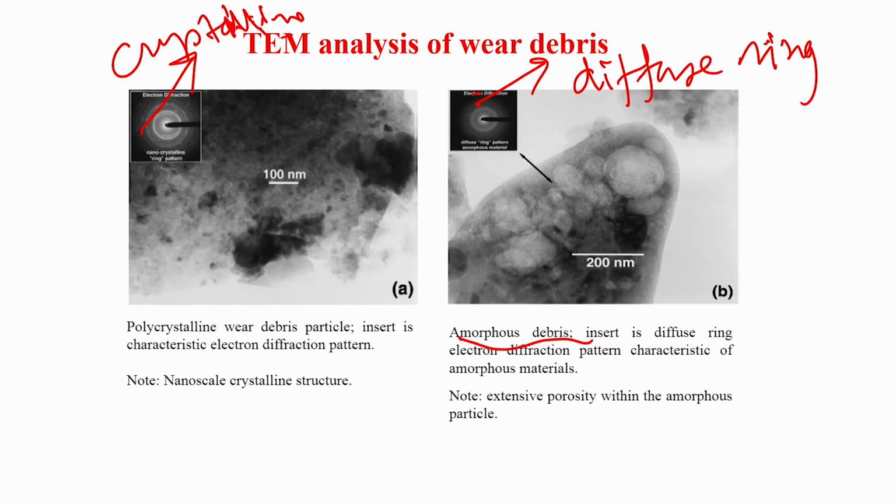The same thing is true for amorphous debris particles, but because amorphous materials do not have crystallinity, it is quite unlikely that they will cause a lot of wear. However, under stress in the frictional surfaces, amorphous wear debris particles can often undergo crystallization.